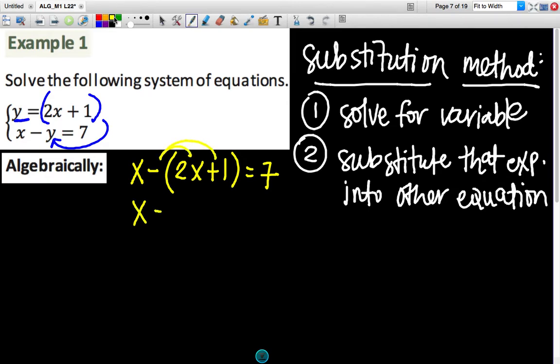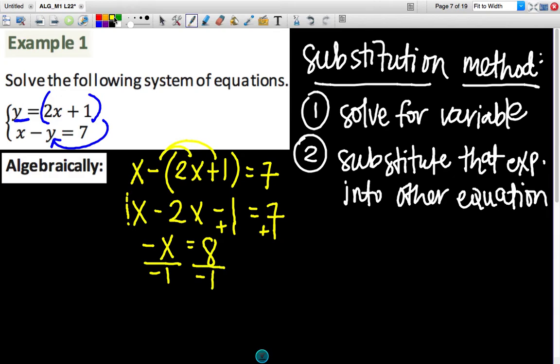So I've got x minus 2x minus 1 equals 7. Combine like terms. 1x minus 2x would be negative x, or negative 1x. And if I add 1 to both sides, I've got equals 8. And then I would divide by negative 1. So x would equal negative 8.